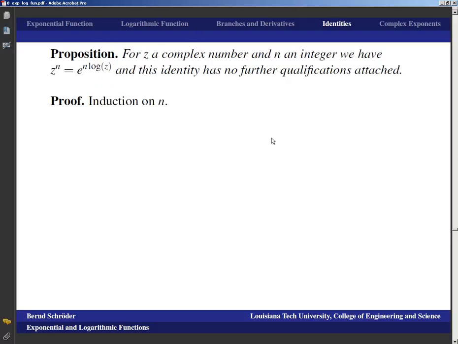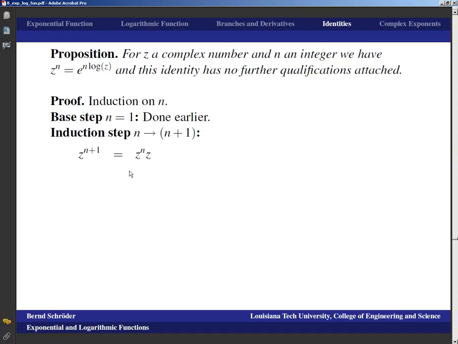Okay, how do we prove that? Well, we do induction on n. For n equals 1, we've already shown that that works earlier. It's directly from the definition of the logarithm. And for the induction step n to n plus 1, well, z to the n plus 1, typically when you've got something like that, you just split 1 off, and that's what we're doing here.